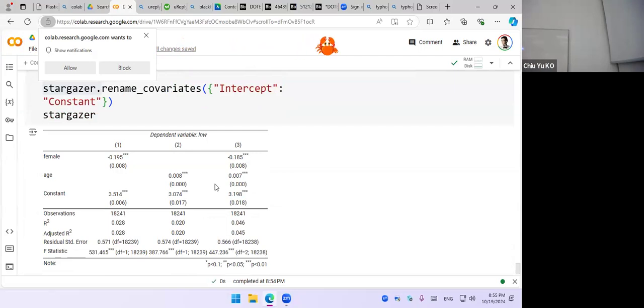Now, if you have female and age, then this changes a little bit. It's a 0.7% increment per year, and this female coefficient is actually a little bit reduced. So that means that on average, more women retire earlier. So that's why you see this kind of relationship.